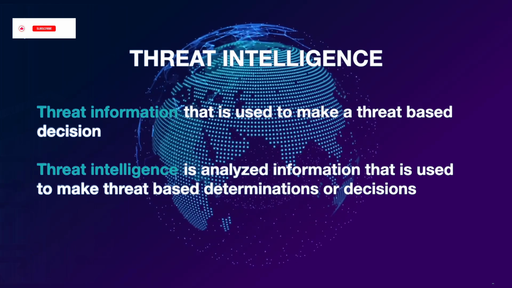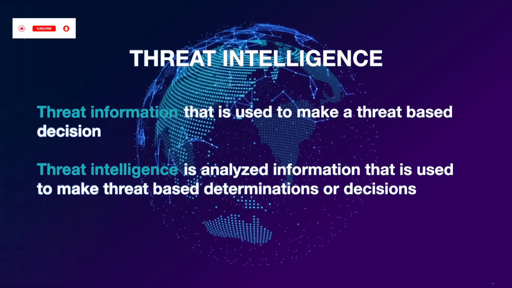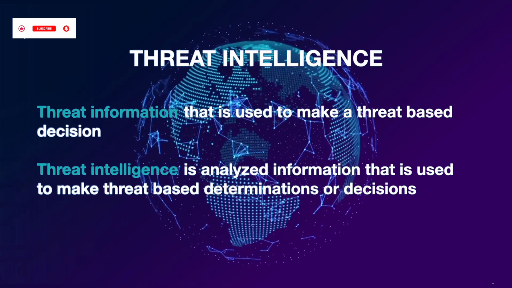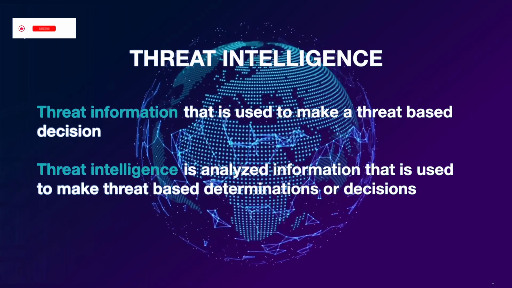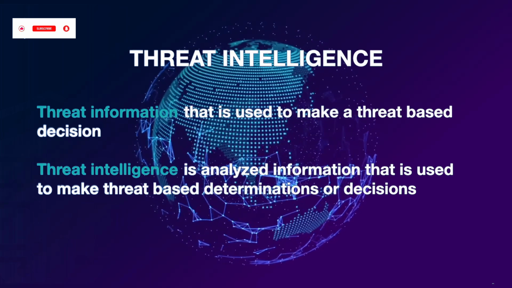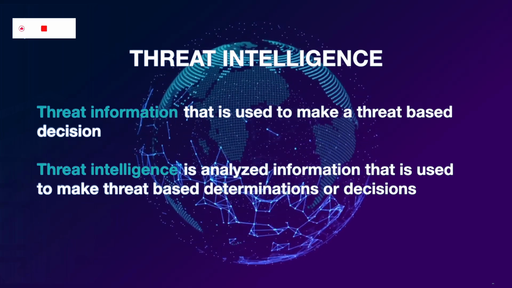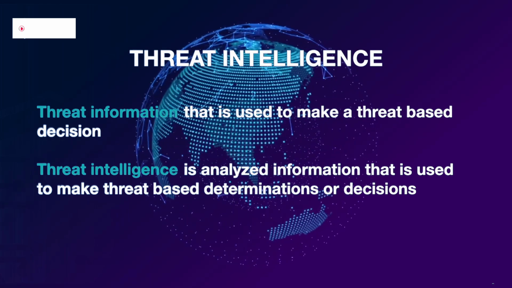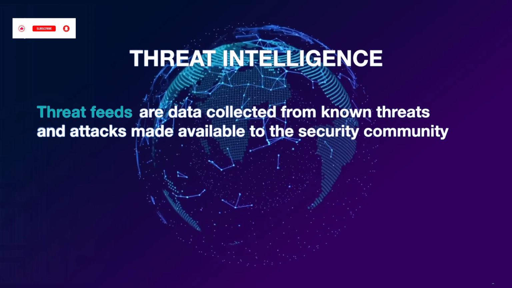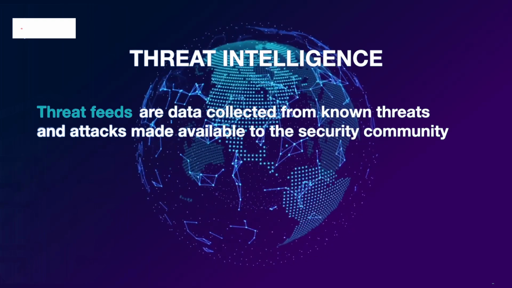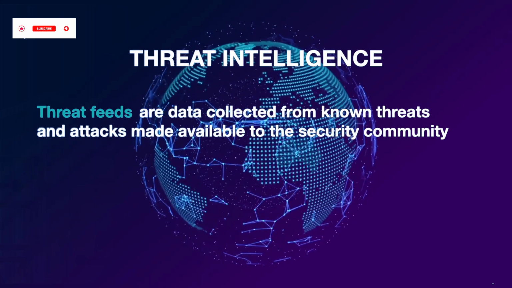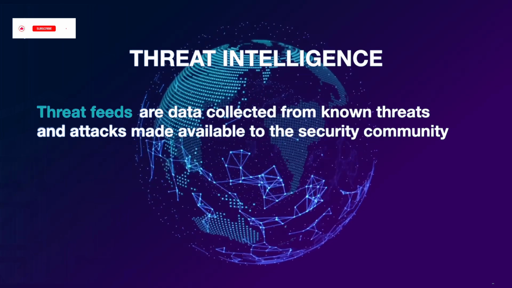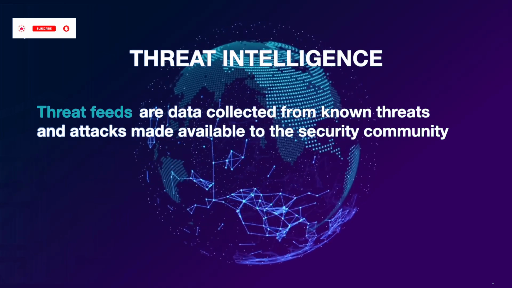And how we get some of this information is through threat feeds, or data that is collected from known threats and attacks that is made available to the security community. Sometimes these feeds will document suspicious or known IP addresses that are part of an attack, ports and protocols being used in current attacks, domain names, signatures, all kinds of different things that are being used as part of known threats and known attacks that have had some impact on some organization all throughout the world.